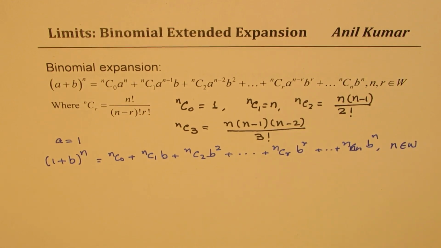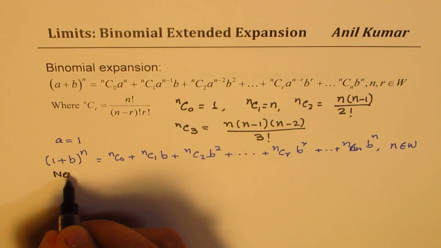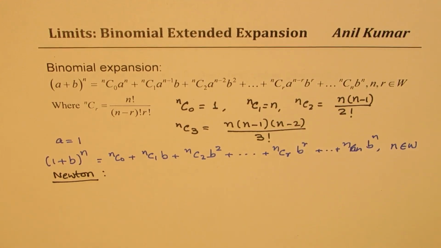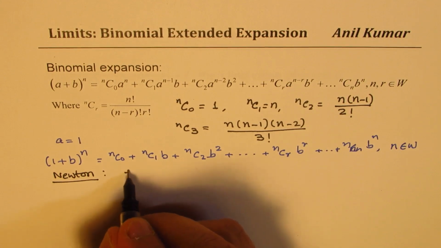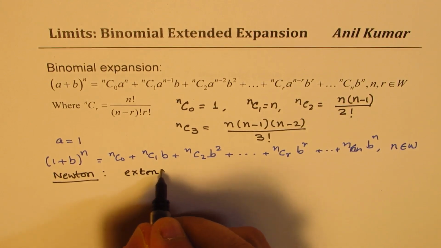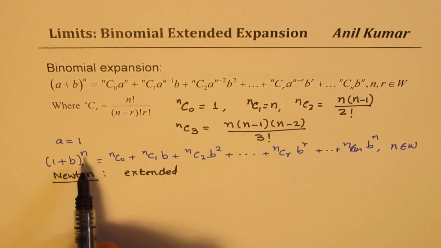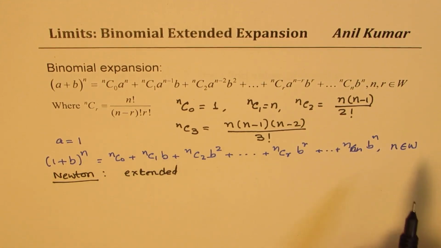Now Newton actually utilized this binomial theorem. This is actually the expansion of the binomial theorem. So Newton used this series in a very different way. He kind of extended this series so that we could use it even when n is not a whole number, right? That's the whole idea, right?